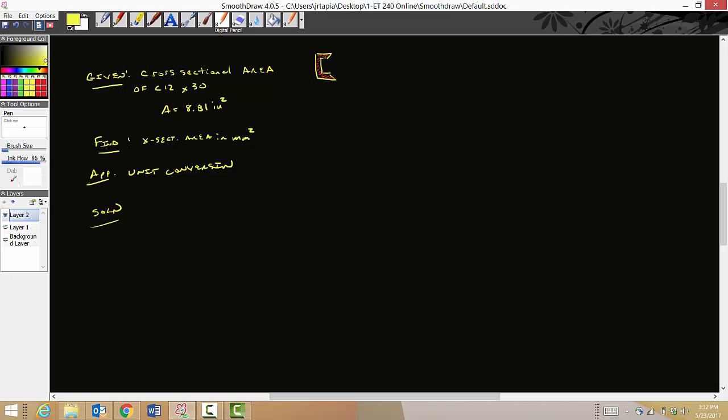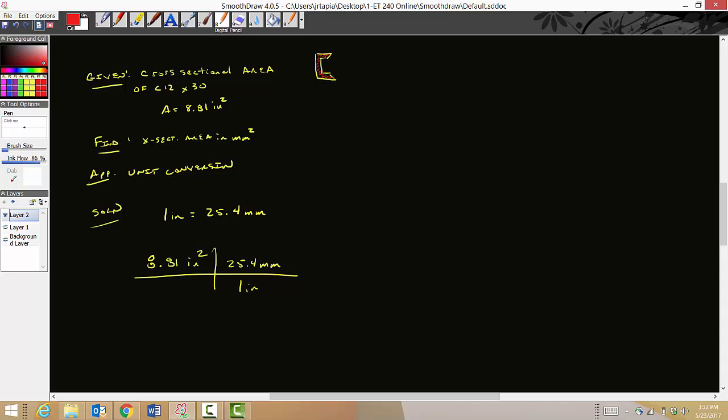We know that 1 inch is equal to 25.4 millimeters. So knowing this, we can use our conversion. So we can say 8.81 inches squared, and then I can come in and say, okay, 1 inch is going to go on our bottom, and then I've got 25.4 millimeters on the top.